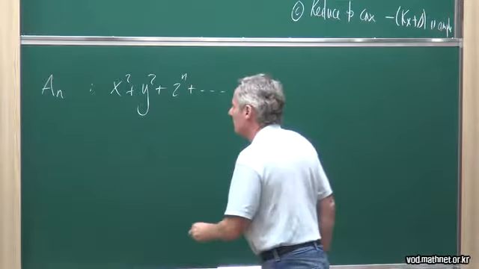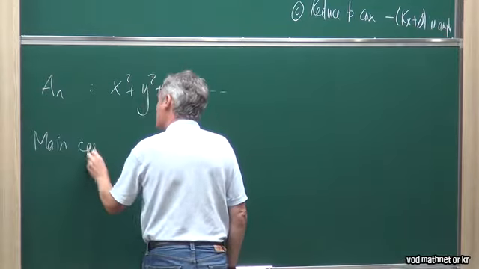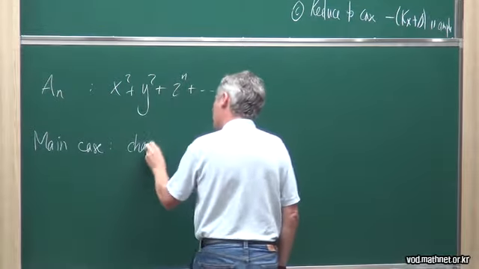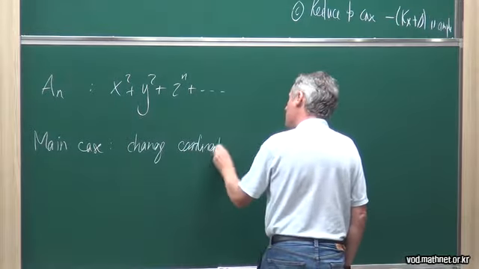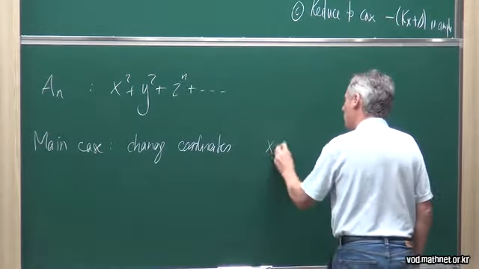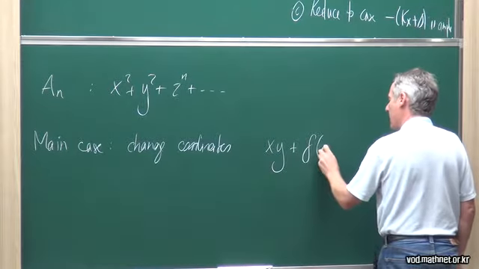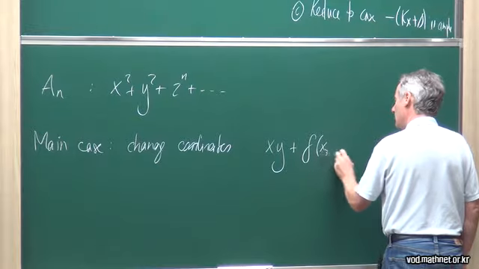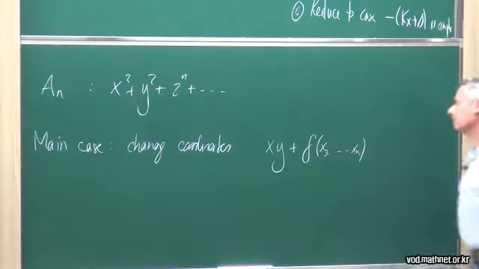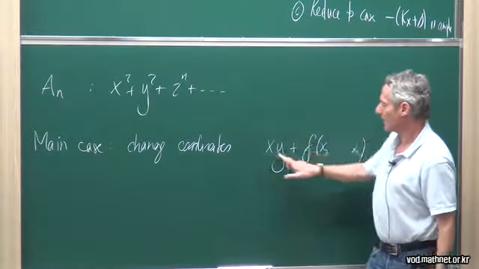And then the main case, you can change coordinates. So you get x, y. Well, instead of saying dot dot dot, let me just say f of the other variables, x3 dot dot x_n. So this might seem kind of strange. You can always change coordinates, right?